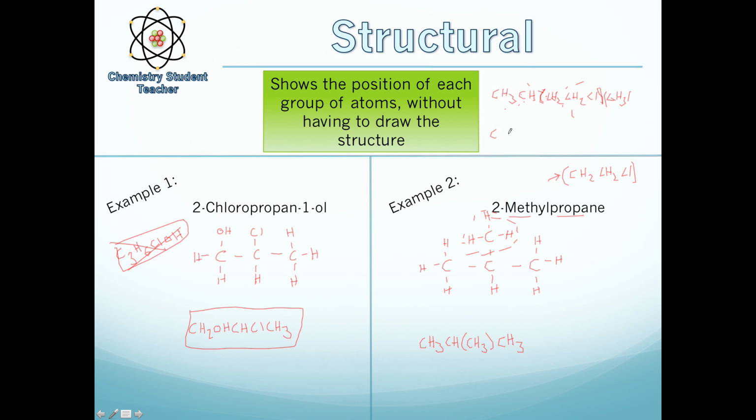So in fact, the actual thing would be CH3, CH, bracket CH3, and then the CH2, that group there, CH2, CH2Cl. And again, the reason for that is because you always take the longest chain to be your backbone, and the shorter chain is the one that comes off.